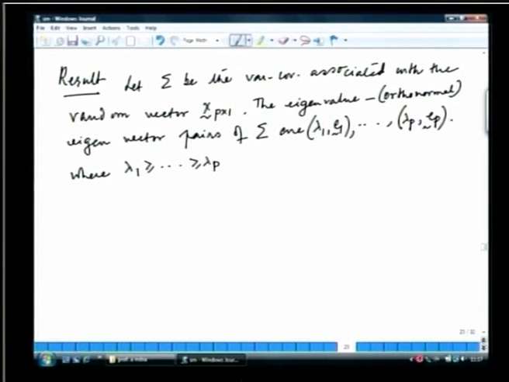So, this is how I have arranged the eigenvalues and the corresponding orthonormal eigenvectors, in decreasing order, and each of them of course is greater than or equal to 0, meaning positive semi-definiteness, strictly speaking, but in most situations we will have this as a positive definite matrix. Okay.